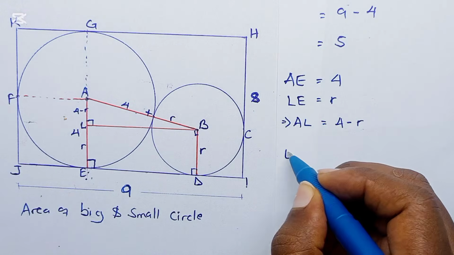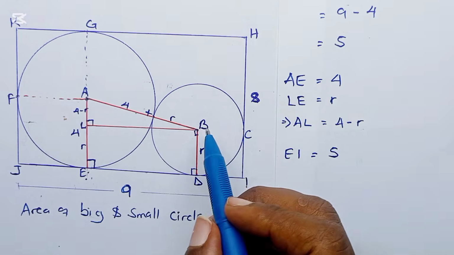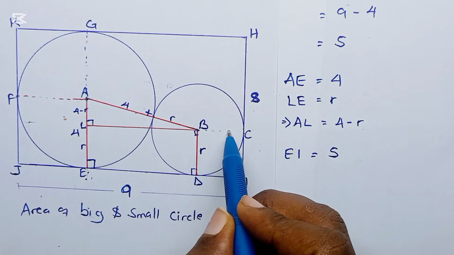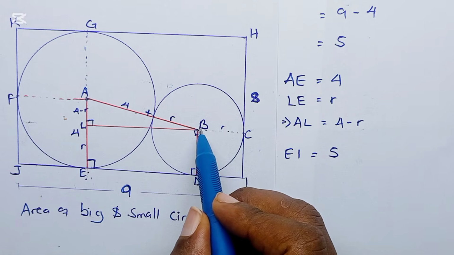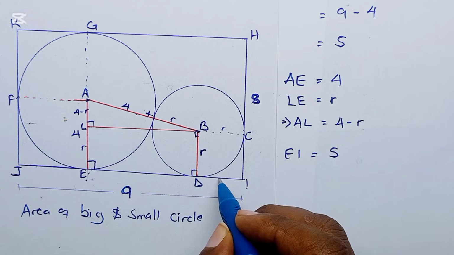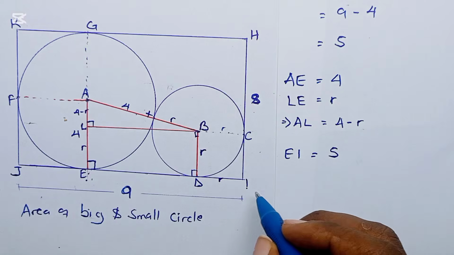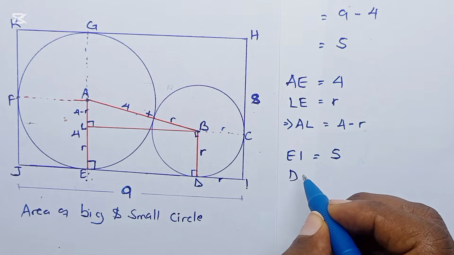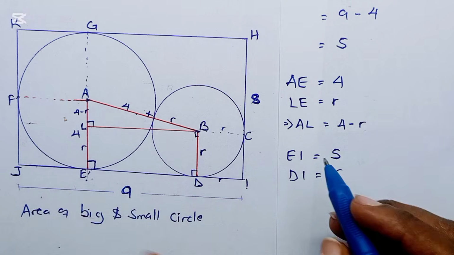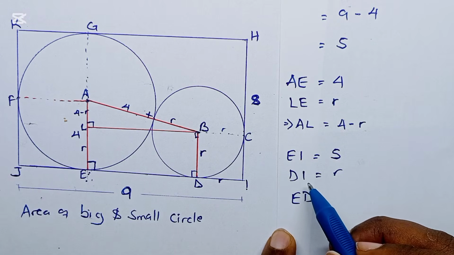So if EI is equal to 5, and we draw a line from B to point C, that would also be radius r. And BC is equal to DI. So that means also DI is r. And if EI is 5 and DI is r, that implies that ED will be equal to EI minus DI.